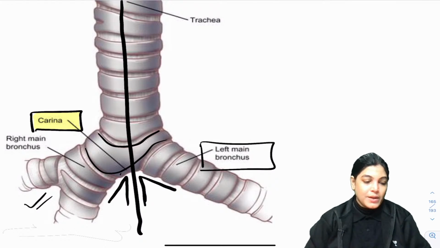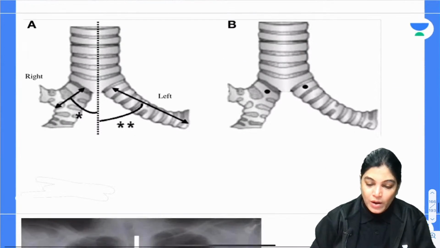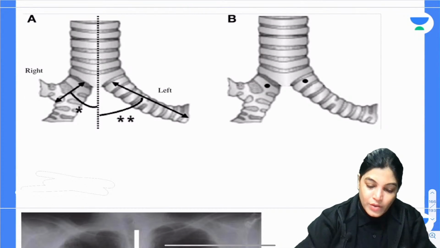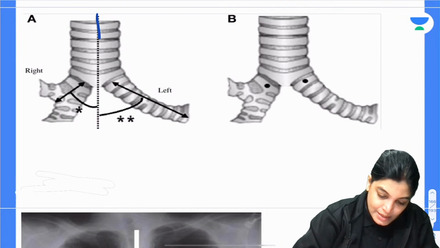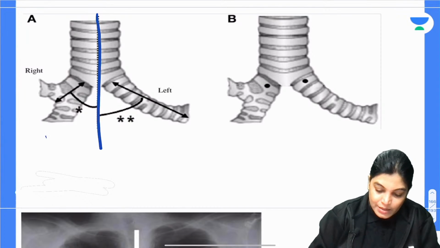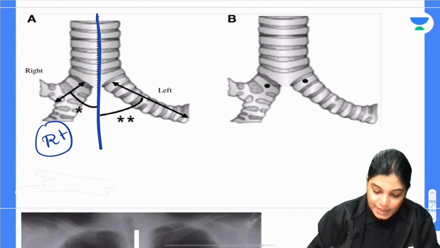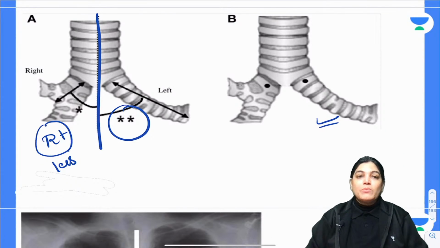I will show various diagrams so it is clear. In this one, the vertical line shows that on the right side the angulation is less in comparison to the left, and the divergence of the left principal bronchus is more.